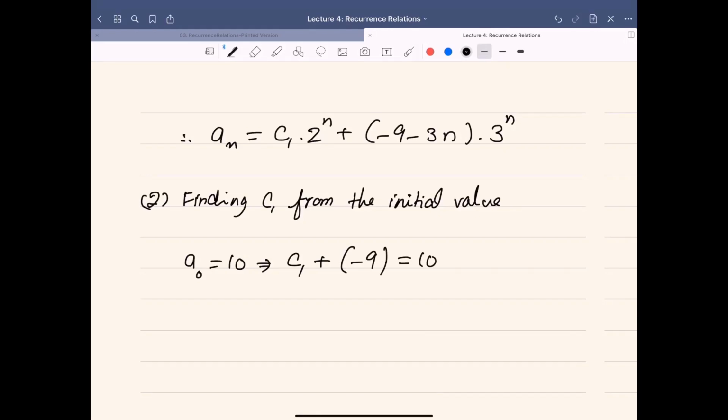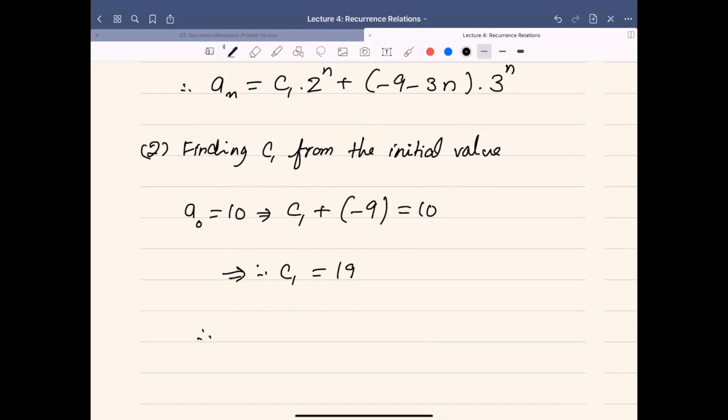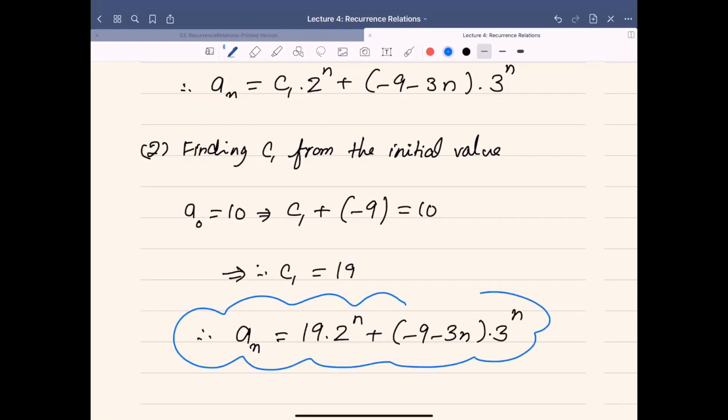And from here, C1 is equal to 19. So when you substitute, you will have a_n is equal to 19 times 2 to the power n plus (minus 9 minus 3n) times 3 raised to power n, and this is the solution we found from the particular solution.